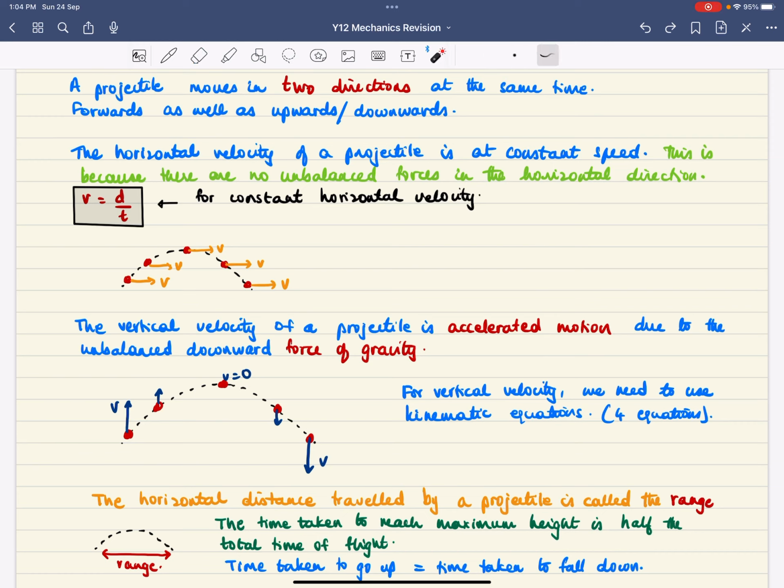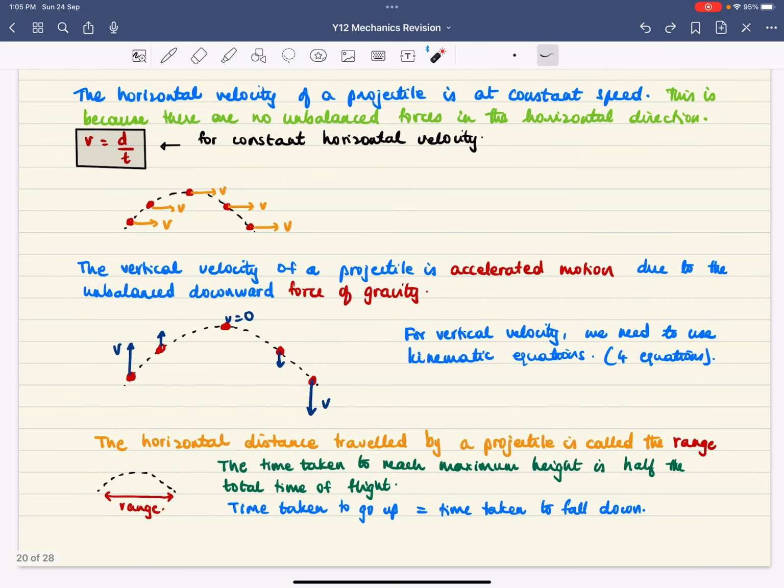Over here, the velocity is a maximum when you throw it up, and it keeps decreasing and becomes 0 right at the top, and then it keeps increasing as it falls down to reach a maximum when it hits the ground. Because this is a uniformly accelerated motion, in order to solve the vertical components of velocity, we need to use kinematic equations, those 4 equations that you're given.